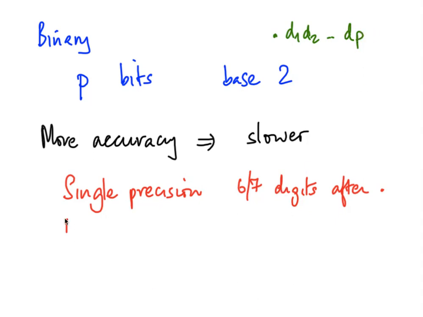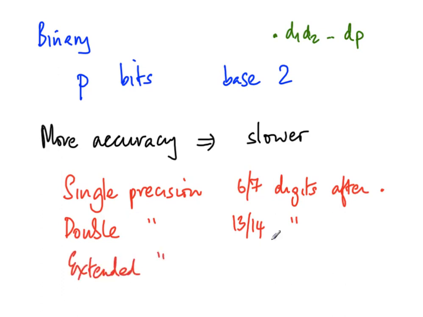The next thing is called double precision, and this is usually twice as many digits, 13 or 14 digits. And then there is something called extended precision, which is about 3 times as many as the original, so something like 19 or 20 digits. So depending on how much of a problem it is, you might move from single precision to double precision, but then correspondingly every computation will be slower, so you have to trade off the accuracy of your representation with the speed of the computation.